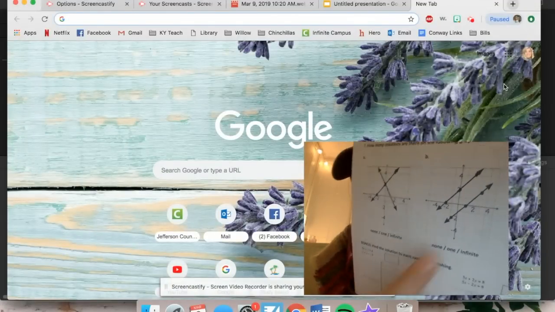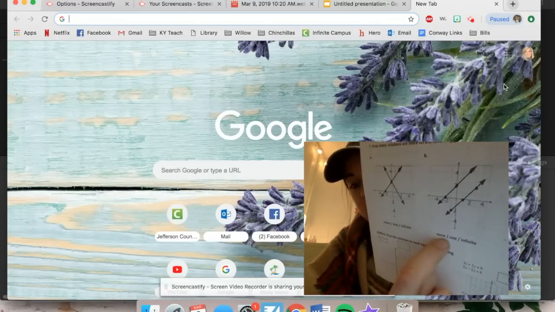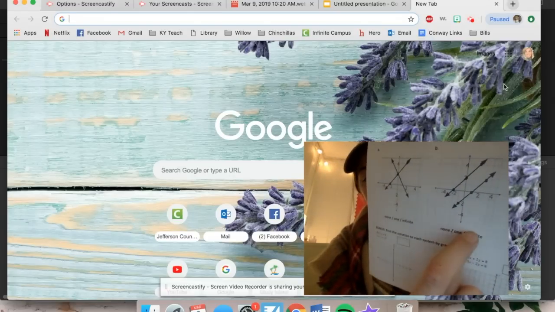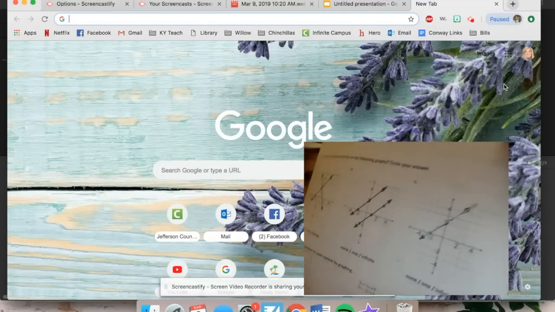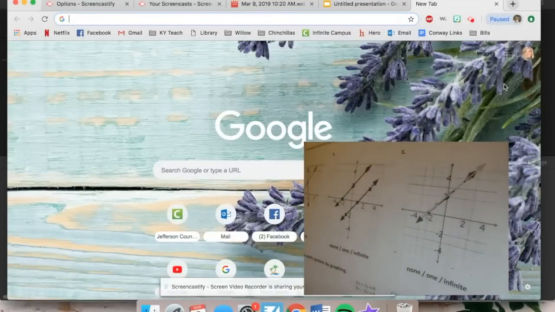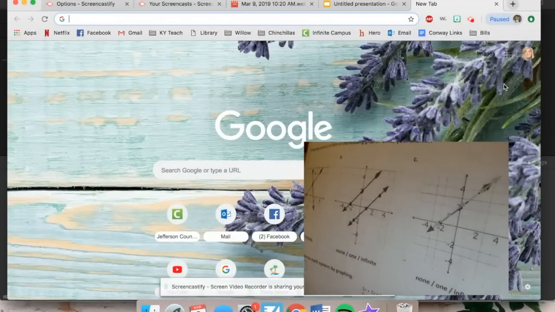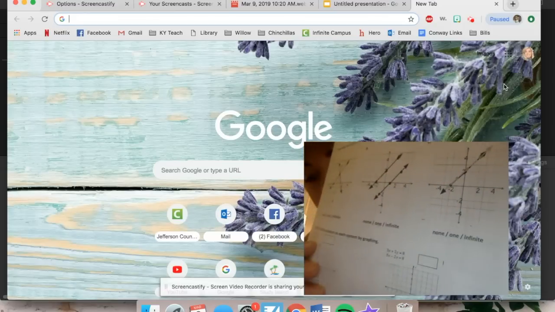How many solutions? And you're going to circle down below how many you think that graph has. And that's your answer. Just which one did you circle? Lastly, in C, those are 2 lines, but they are right on top of each other. So every single point on those lines is a point of intersection. All right, so keep that in mind when answering that one.